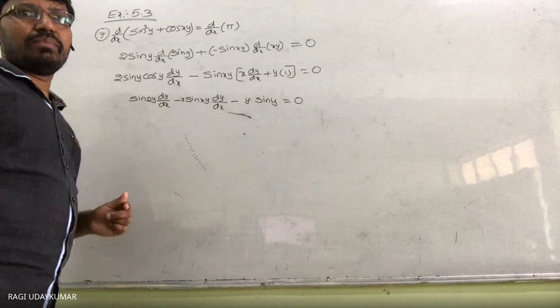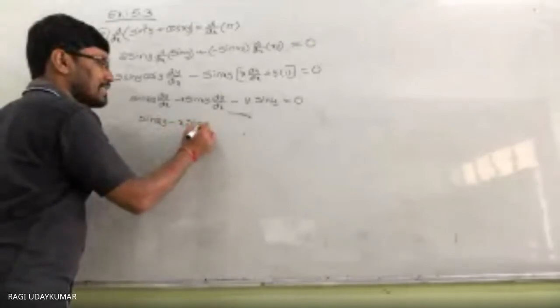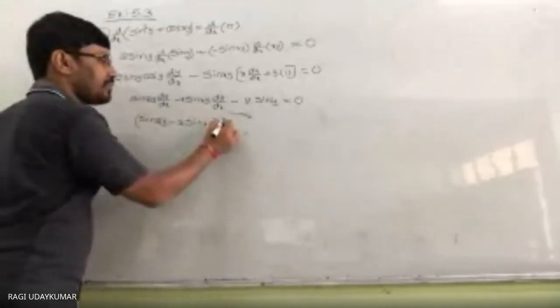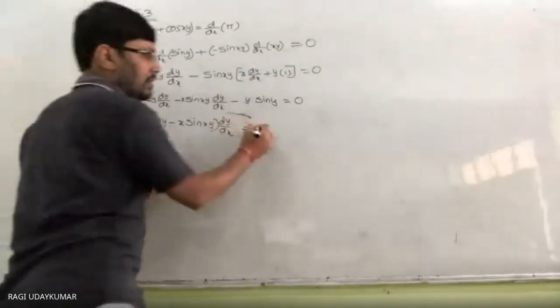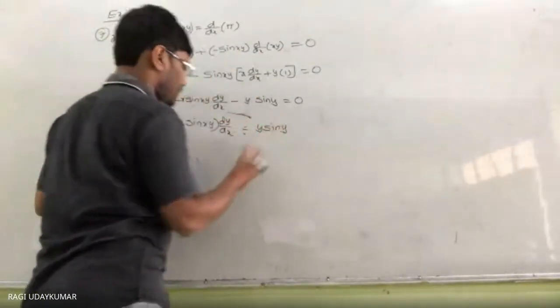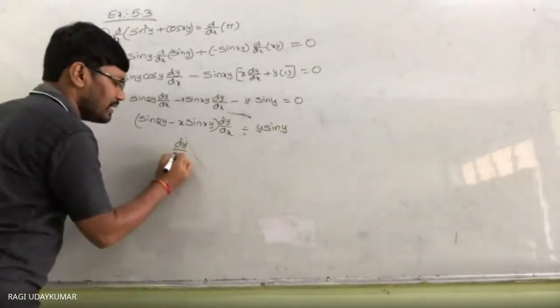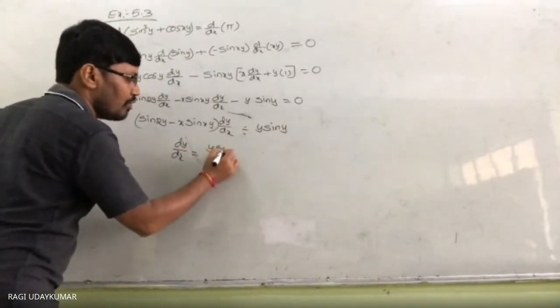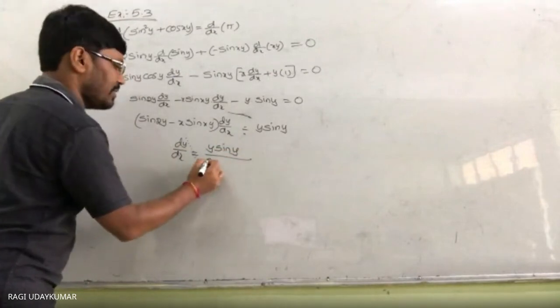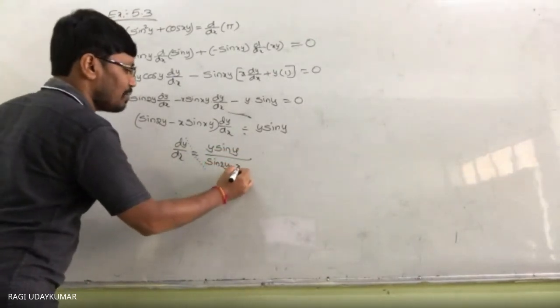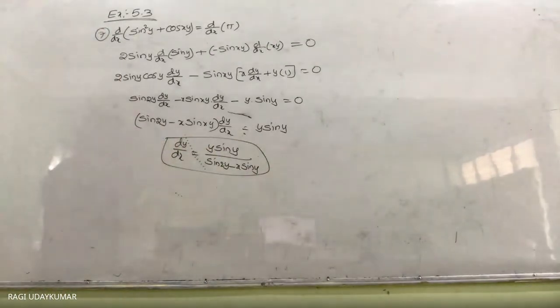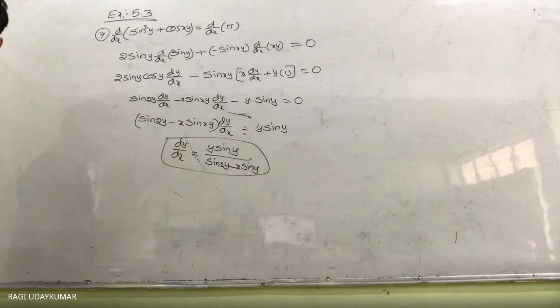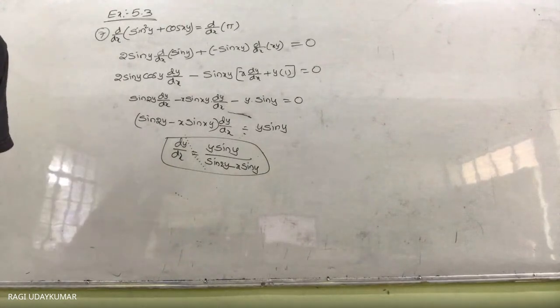So what do you get here? (sin 2y minus x sin xy) into dy by dx, and send that y sin xy to the right hand side. So dy by dx is equal to y sin xy by (sin 2y minus x sin xy). Is it okay? Did you understand? Yes, sir.